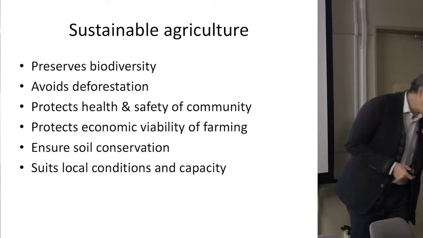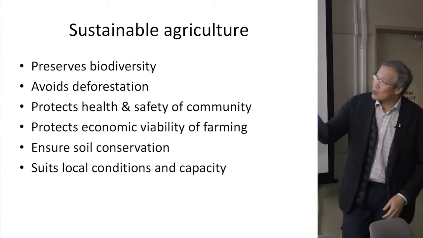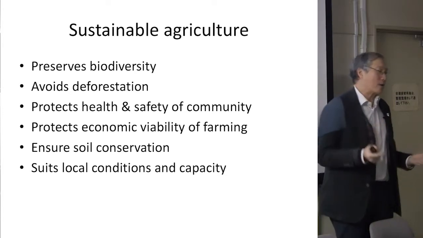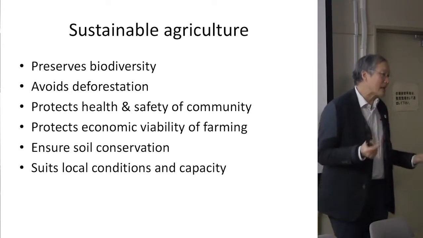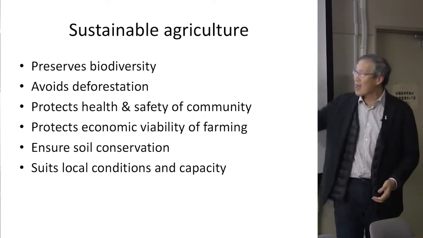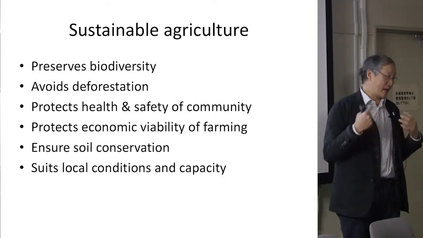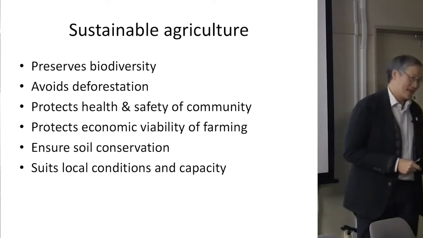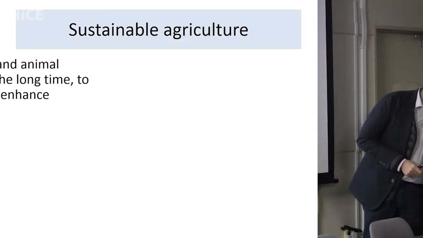So I will show you this slide very quickly. These are some of the things that we talk about when we mention sustainability for food production. And I will go through each one briefly as we go along. So what is sustainable agriculture?